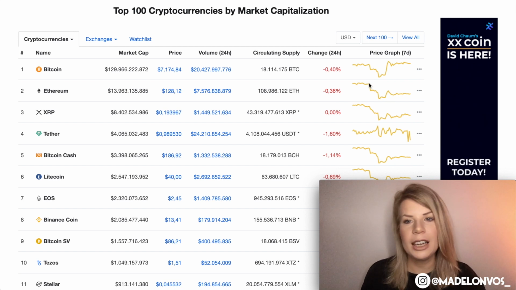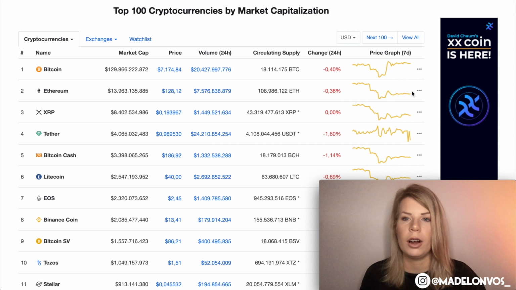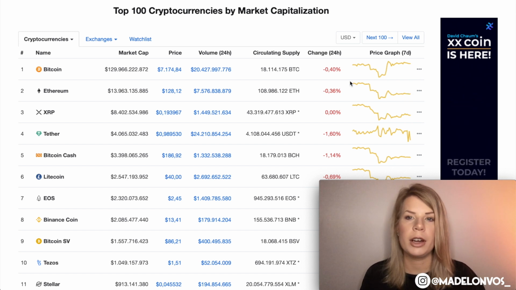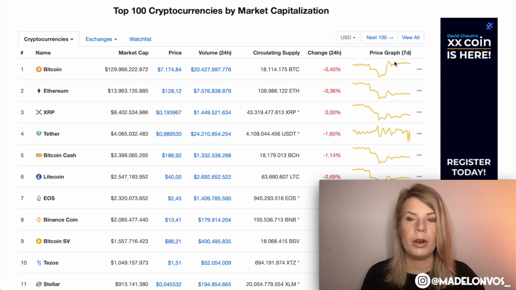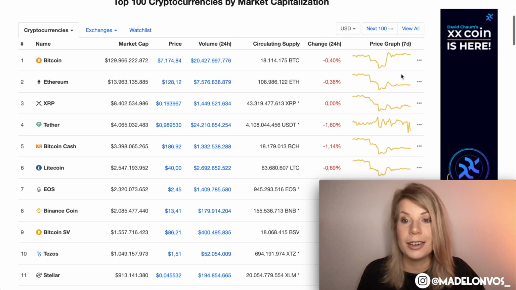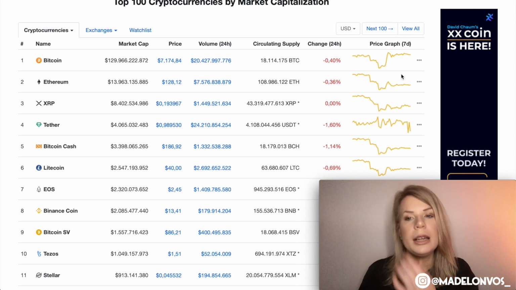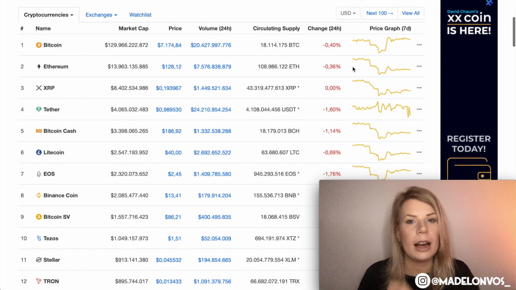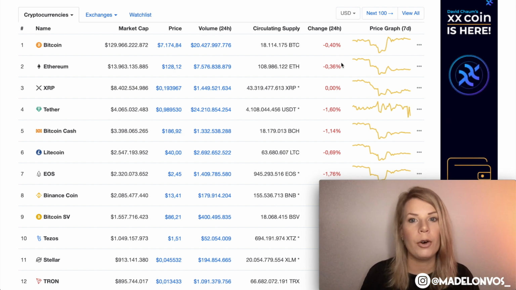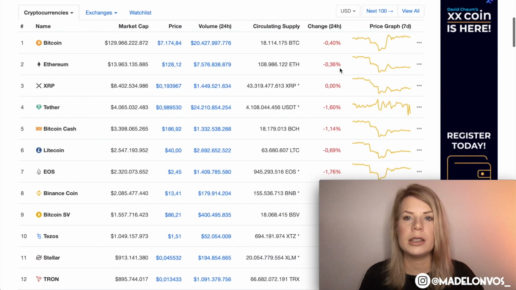Ether didn't do that. Ether went down, and the average price is now over here, which is lower than where the decrease started. With Bitcoin, it ended higher than the moment the decrease started. So Bitcoin is actually doing quite well compared to the other altcoins, especially the ones in the top 10.